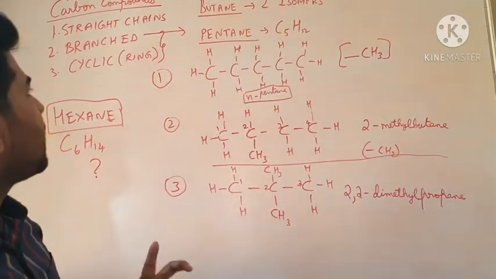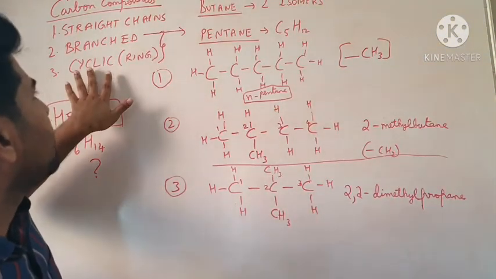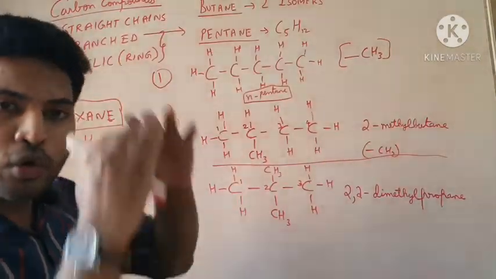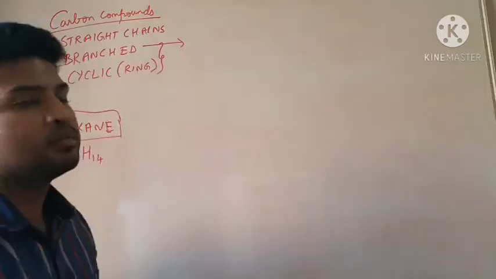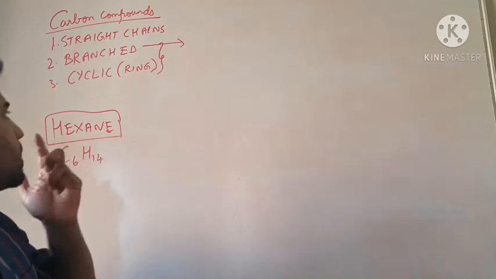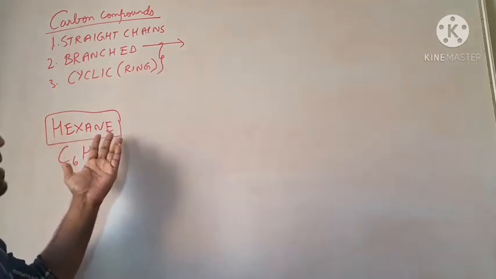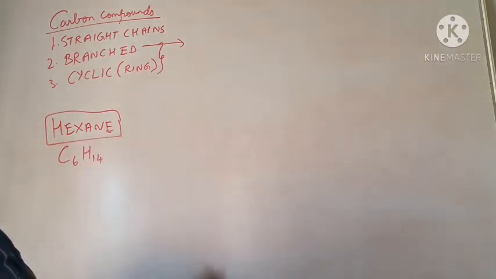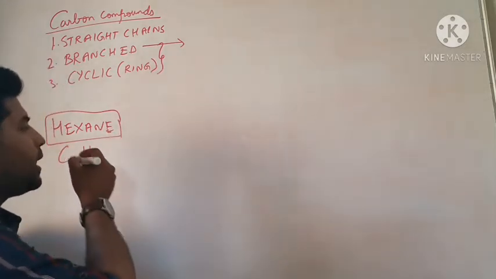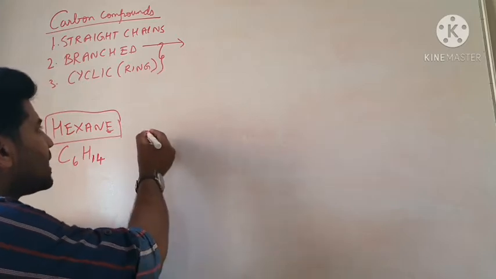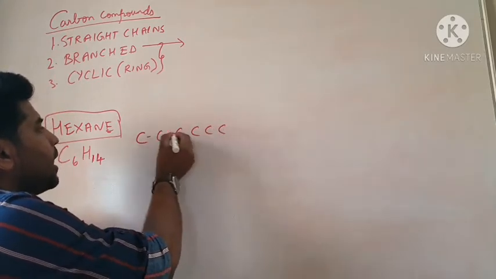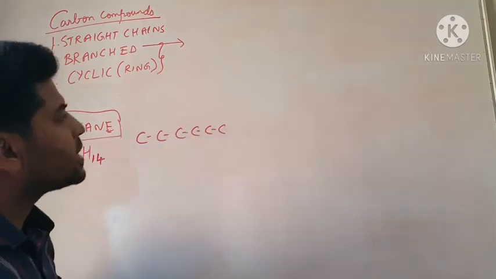Finally, let us take a quick look at the cyclical carbon compounds having a ringed closed structure. For understanding cyclical carbon compounds, let us take the example of hexane itself. So hexane is C6H14. This is a straight chain carbon compound where all the 6 carbons are present in a straight chain.